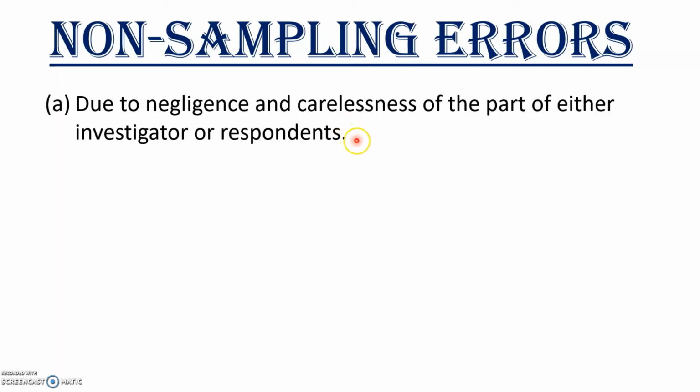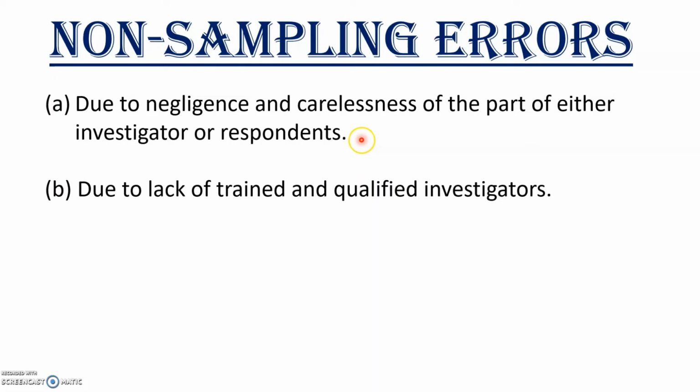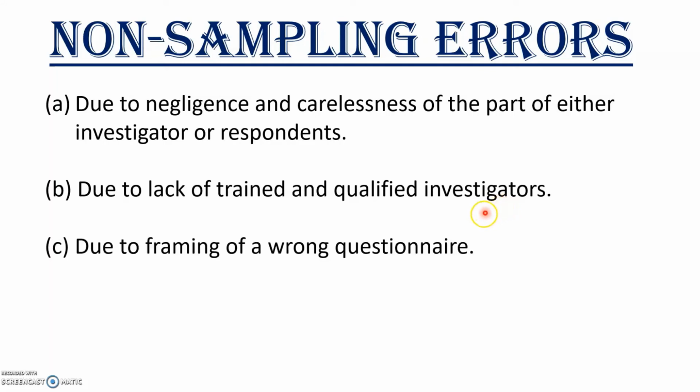So when you're doing the sampling techniques, or the investigation, you need to look into how these errors can be fixed. The next can be due to a lack of trained or qualified investigators. If the investigators are not properly qualified or trained, you might not get the right output out of them.